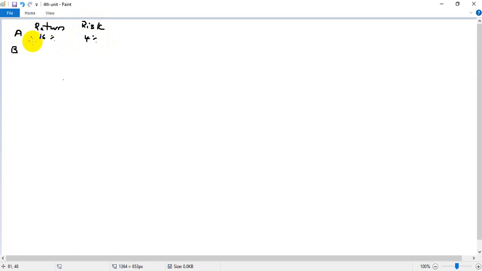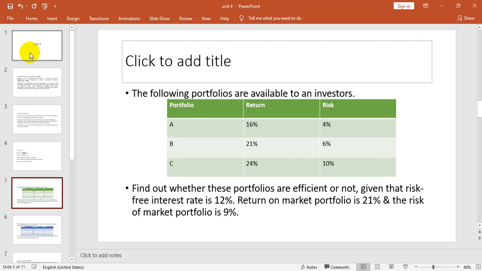B's return is 21% and risk is 6%. C's return is 24% and risk is 10%. And this is the table.